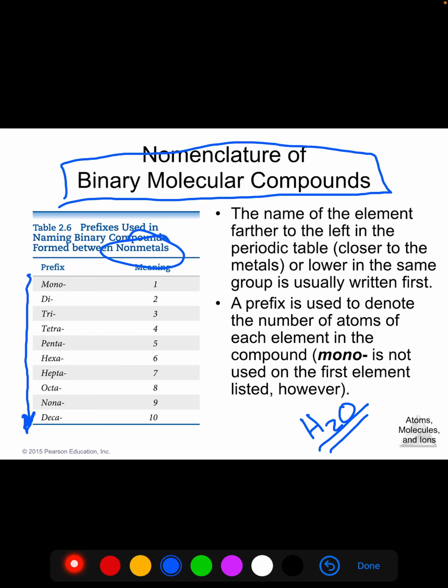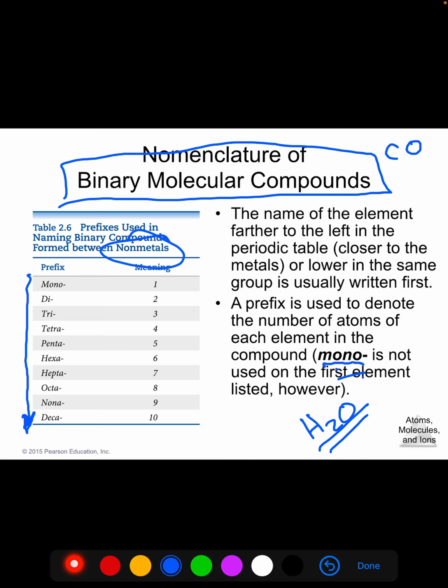And this could be dihydrogen monoxide. But we don't usually use the mono unless we need to totally distinguish something from something else. And we do not use it on the first element. Okay? So, for example, carbon monoxide, we would not say monocarbon monoxide.